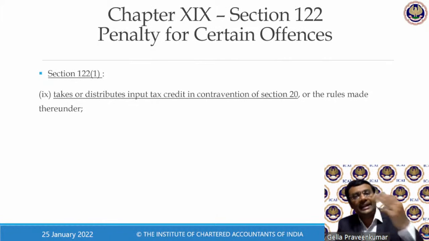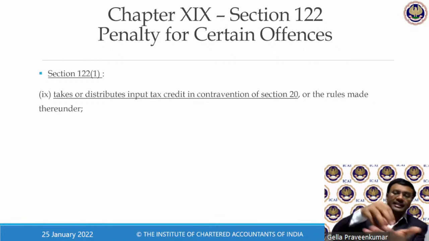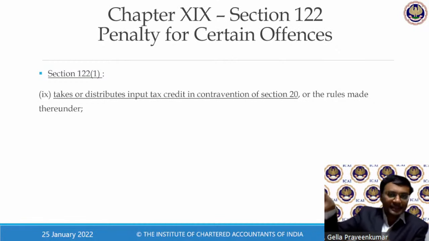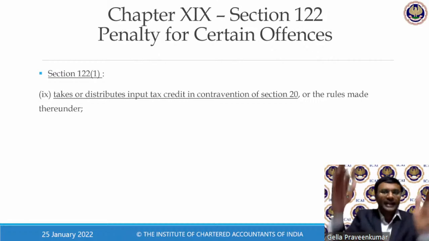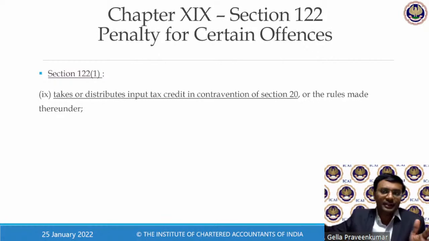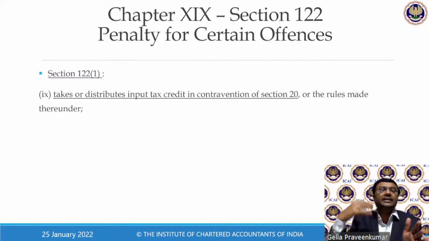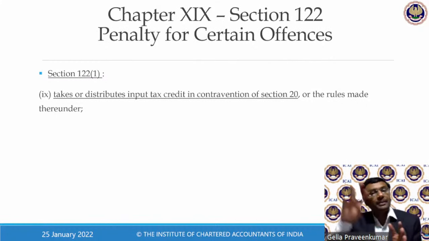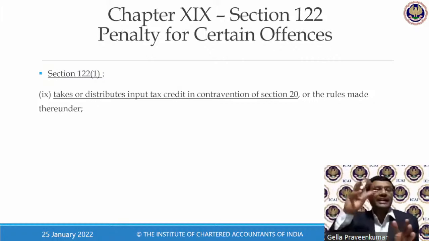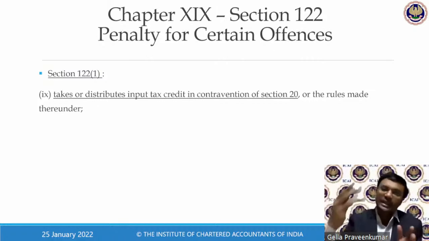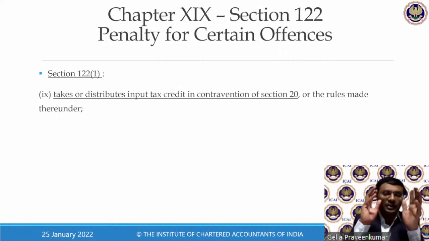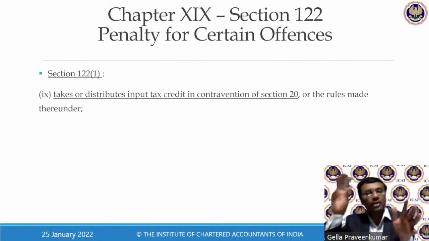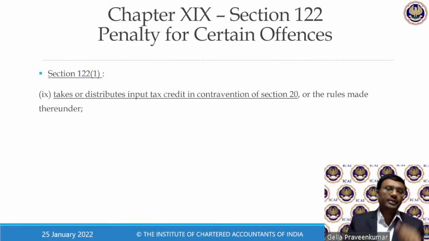Takes or distributes ITC. Now, I received 5 bills but distributed for 6 bills. Maybe a calculation procedural issue: out of 100 bills, only 5 bills I have to distribute, and the 6th bill, by mistake, while doing a copy-paste, I made a formula error. It could be a procedural lacuna, or I intentionally, fraudulently distributed it. Depending on the mental state, we can either call it a fraud or a procedural lacuna.